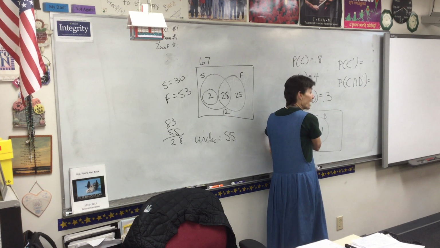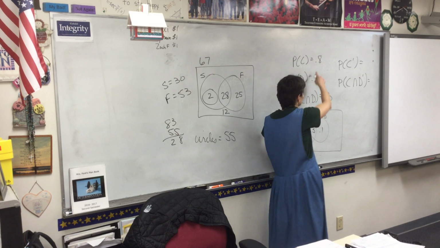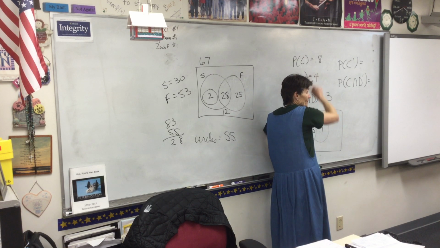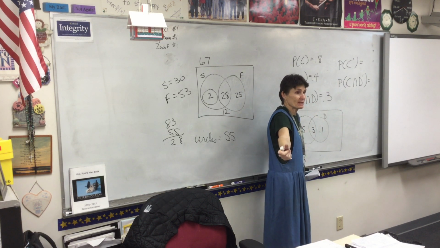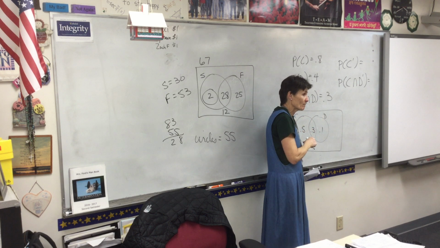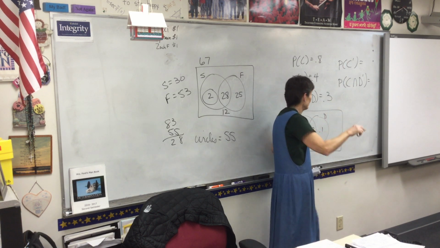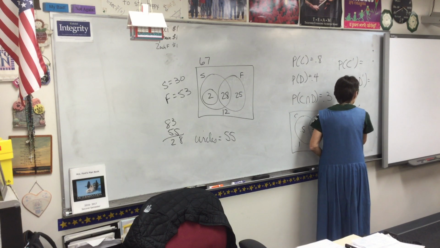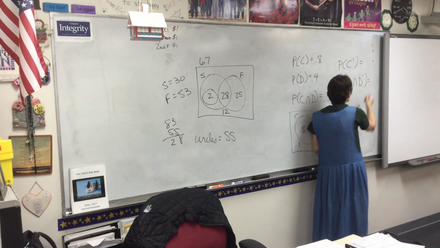It would be everybody outside the ball, so that's that 0.1 and that 0.1. But you can tell it from right here. You either like coconut or you don't. So if you have 80% chance of liking it, then you have a 20% chance of not. Same concept as when we build our Venn diagram. Remember, if we put a 0.8 on that one, what do we put on this one? 0.2 every time.